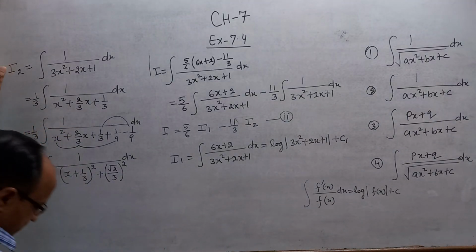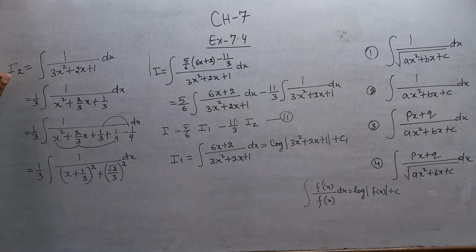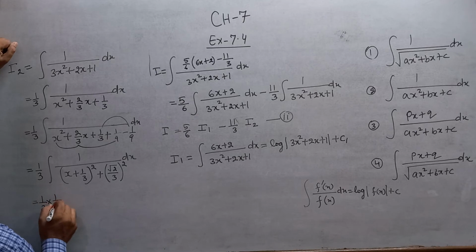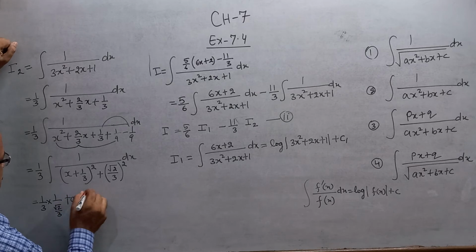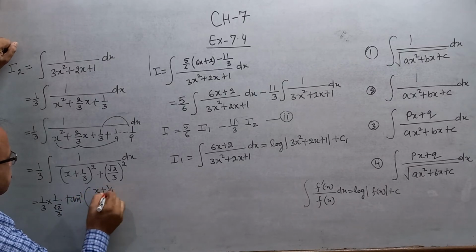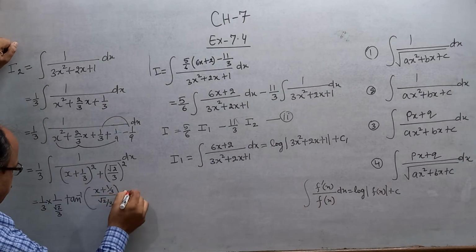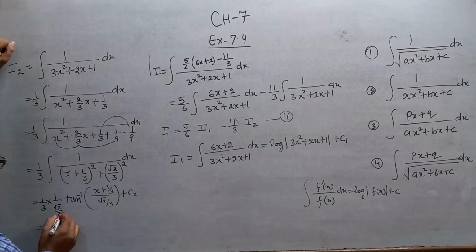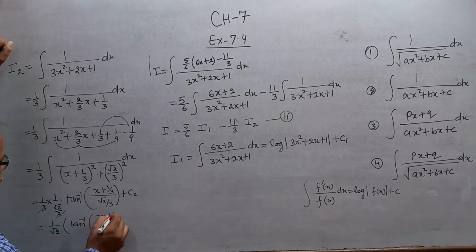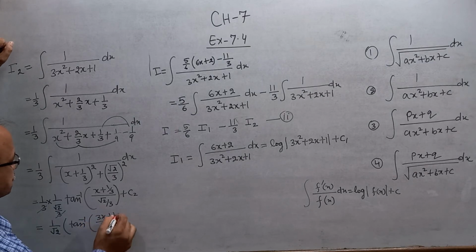And the formula, can you tell me? Integration 1 upon x square plus a square is 1 by a tan inverse x by a, plus C2. You know that 3 and 3 cancel. So 1 by root 2 tan inverse of 3x plus 1 upon root 2.